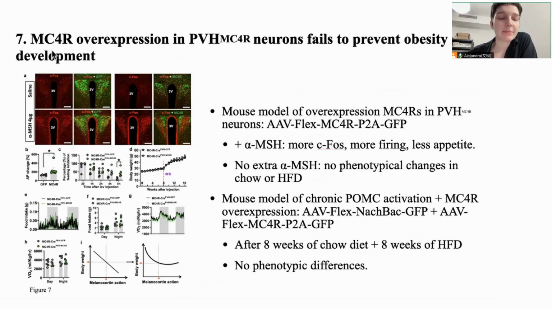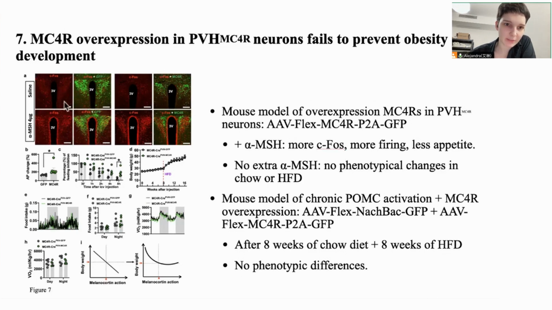Seventh result, MC4R overexpression in the paraventricular hypothalamus MC4R neurons fails to prevent obesity development. To overexpress MC4R in the paraventricular MC4R neurons, they injected an adenovirus with MC4R, and consequently they found more c-Fos, therefore more neuronal activity.